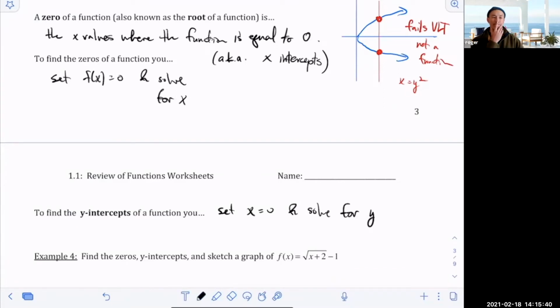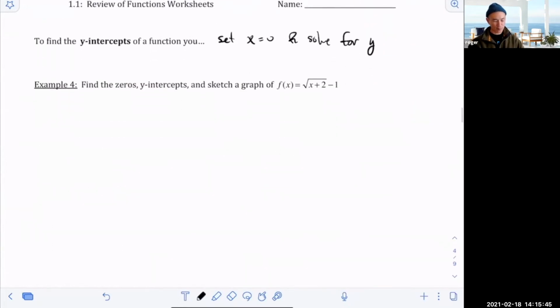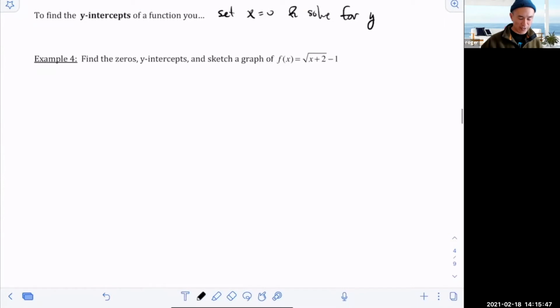All right. So let's find the zeros and y-intercepts, and we won't worry about sketching the graph because we're going to learn about transformations of functions today, or hopefully, maybe. So we'll go over the graph part later.